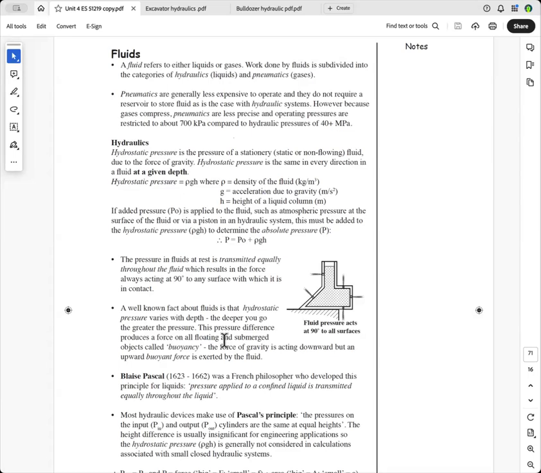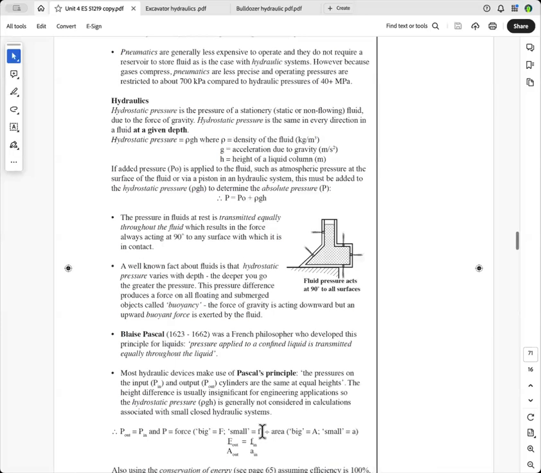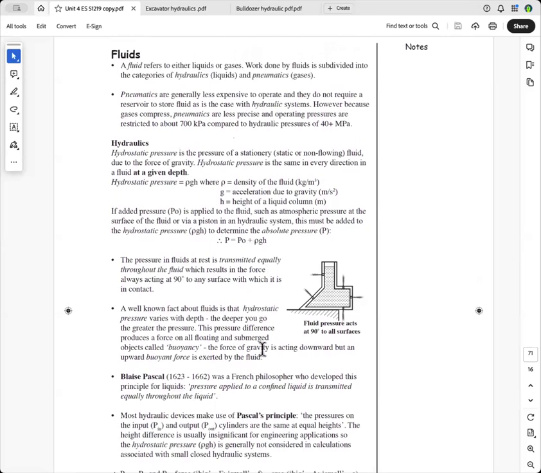Make sure you know Pascal's principle, that pressure applied to a confined liquid is transmitted equally throughout the liquid. And I'll just show you some applications of hydraulics, and then we'll go through this method that I've used so that you can remember the three important equations of hydraulics.